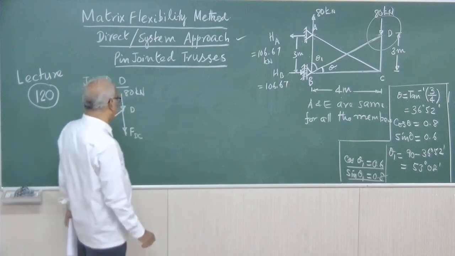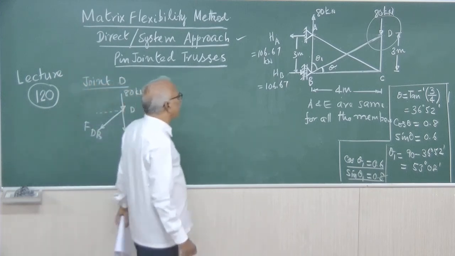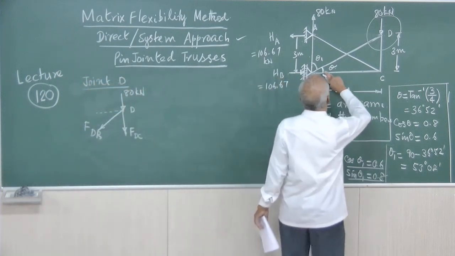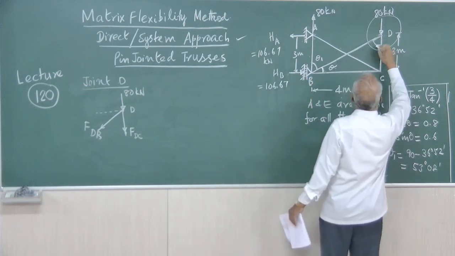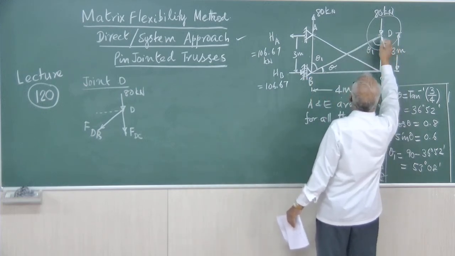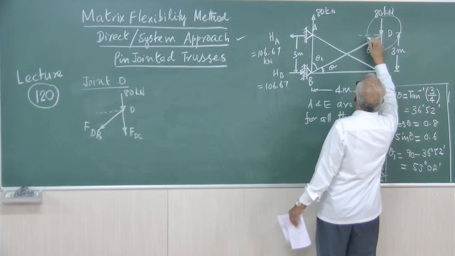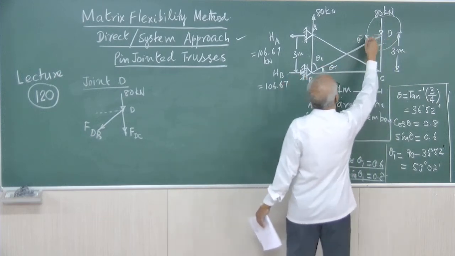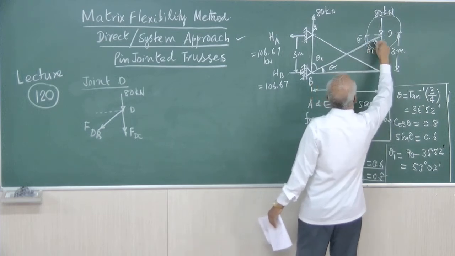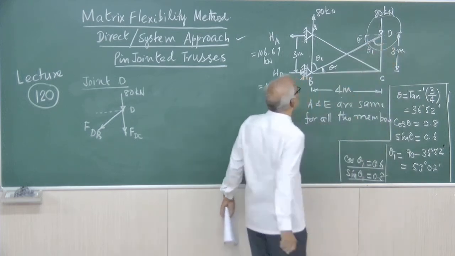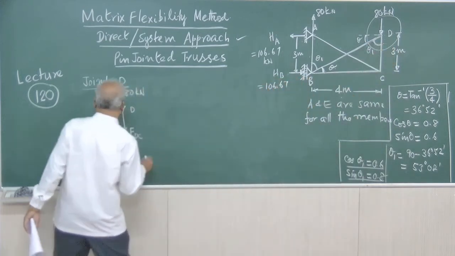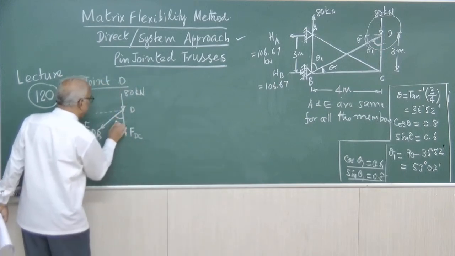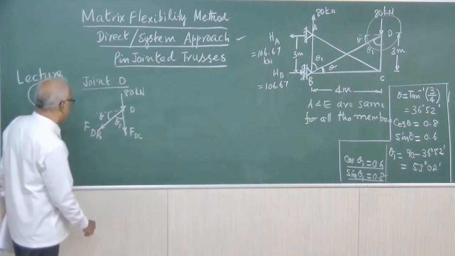Right. Now, this angle is theta. Therefore, this angle is theta 1. Theta 1 with horizontal, this value is theta.